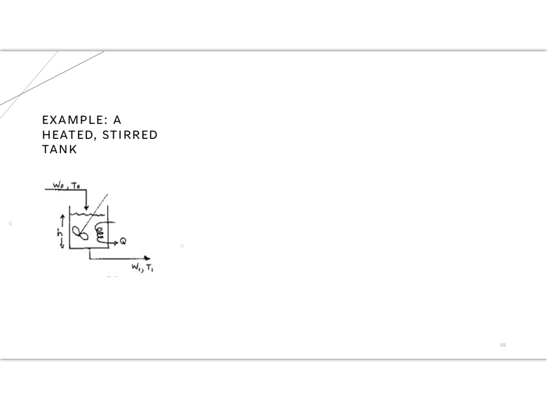I want to next think about what kinds of simplifying assumptions I'm going to use. And I think that constant properties and constant cross-sectional area will be useful here.